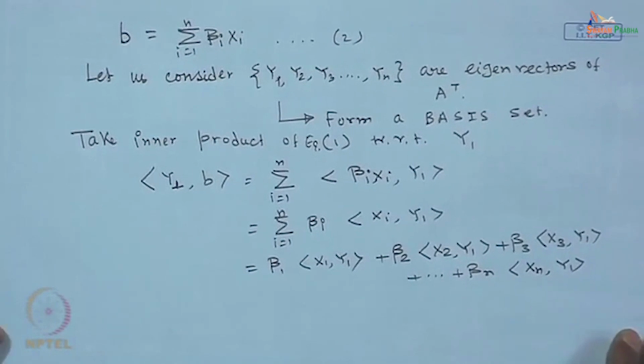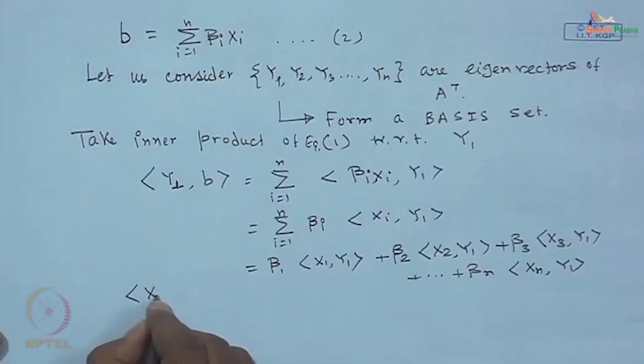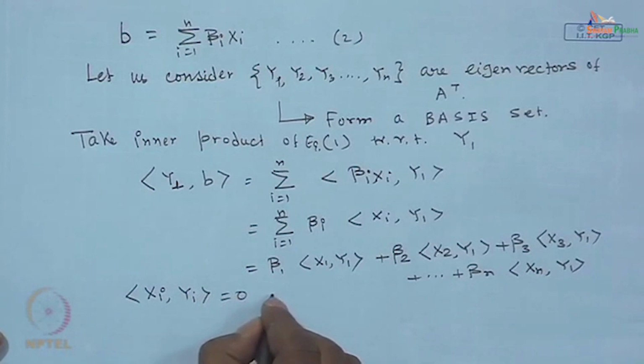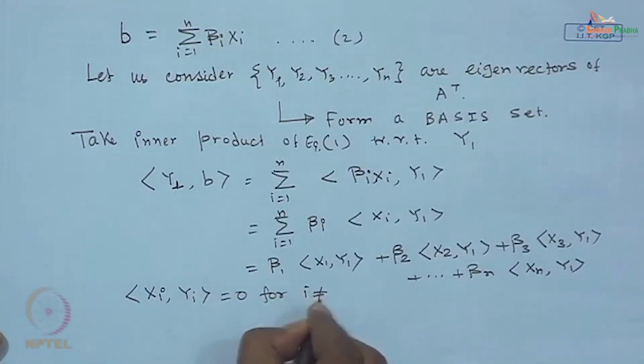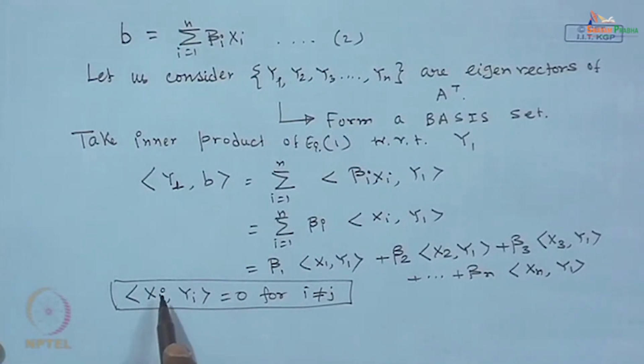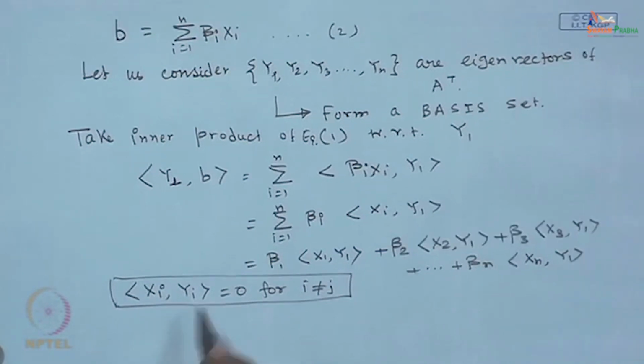And we have already seen, in the first theorem that we proved in this class, that for the matrices A and A transpose, the corresponding eigenvectors form a bi-orthogonal set. So, therefore, the inner product of x i and y j will always be equal to 0 for i not equal to j, where x i's are the eigenvectors of A and y j's are the eigenvectors of A transpose.